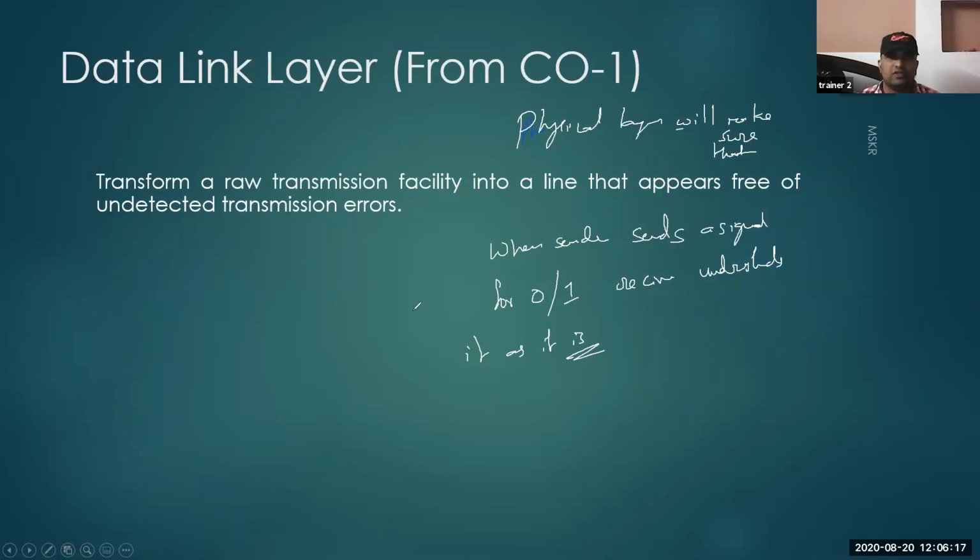Yes or no? So when the sender sends a signal for 0, the receiver must understand the signal as 0. If the sender sends a signal for 1, the receiver must understand 1. So this is the right communication.